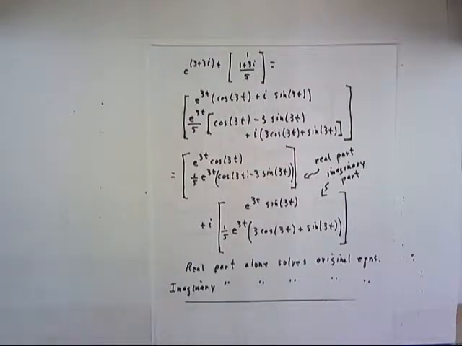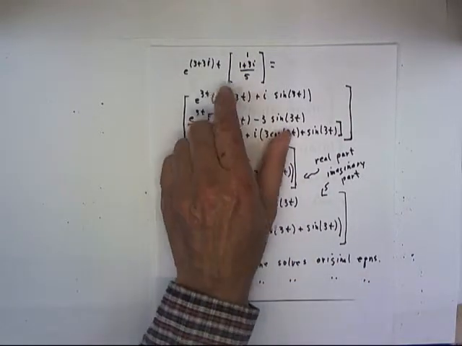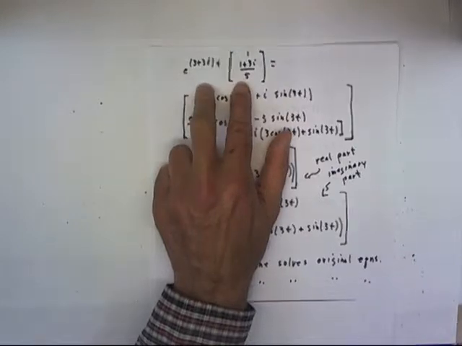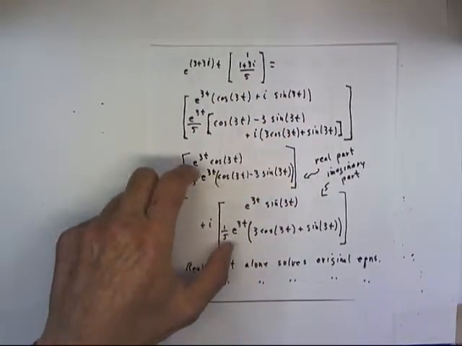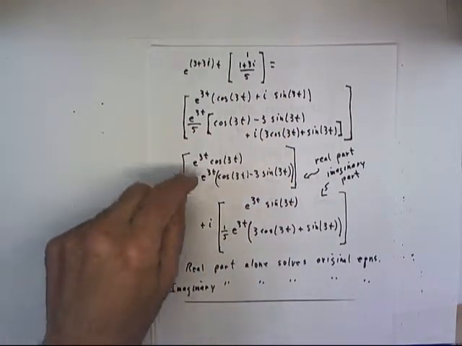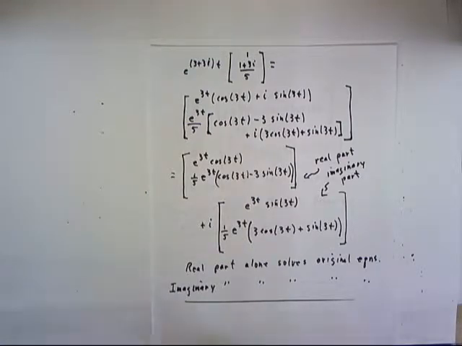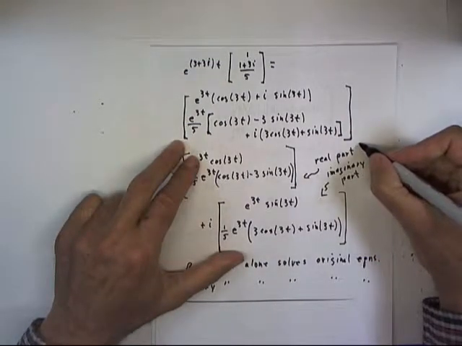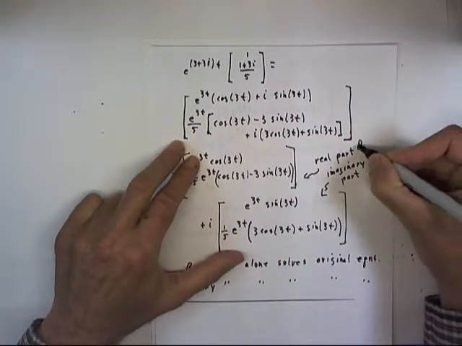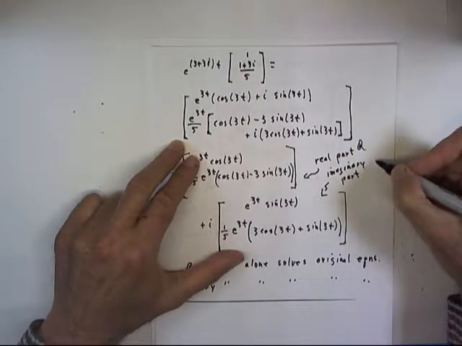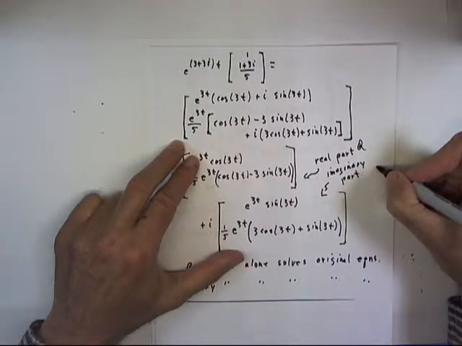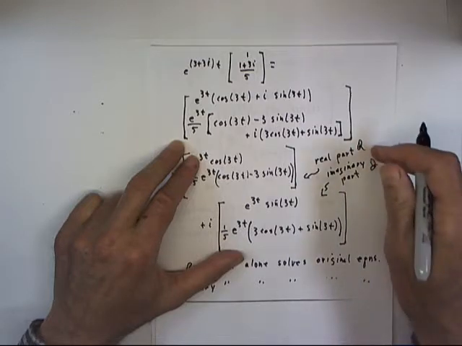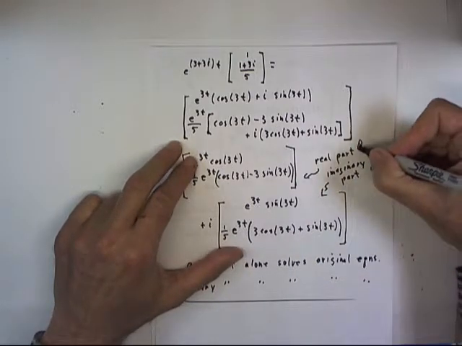Our original equation yielded a fundamental set, of which one was this function, which has real and imaginary parts indicated here. I've used script R to stand for the real part, and script I to stand for the imaginary part.